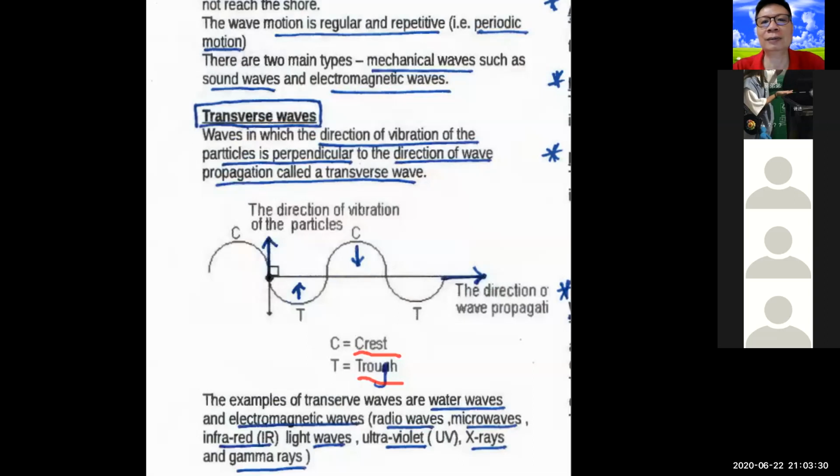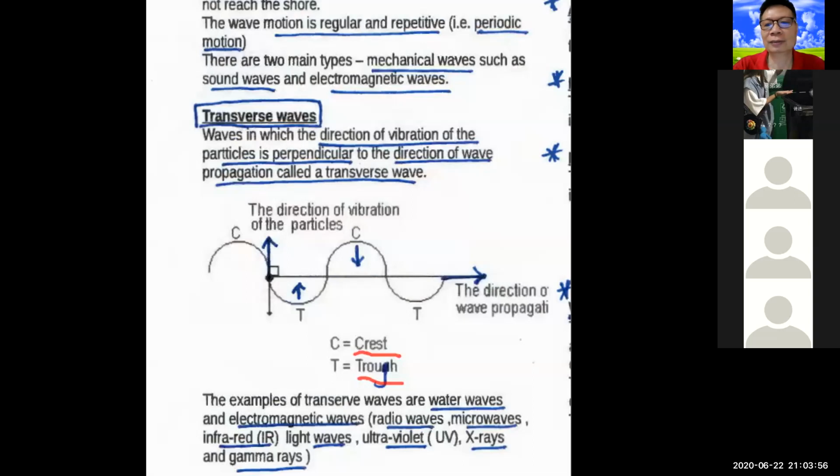Okay. Last question. Kelvin Lim, where are you, Kelvin? Yes, sir. Kelvin, can you give 3 examples of transverse wave?